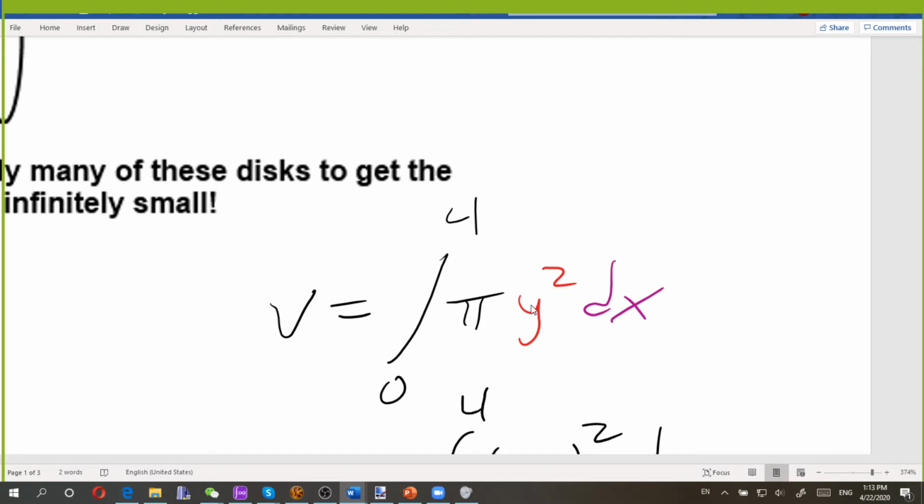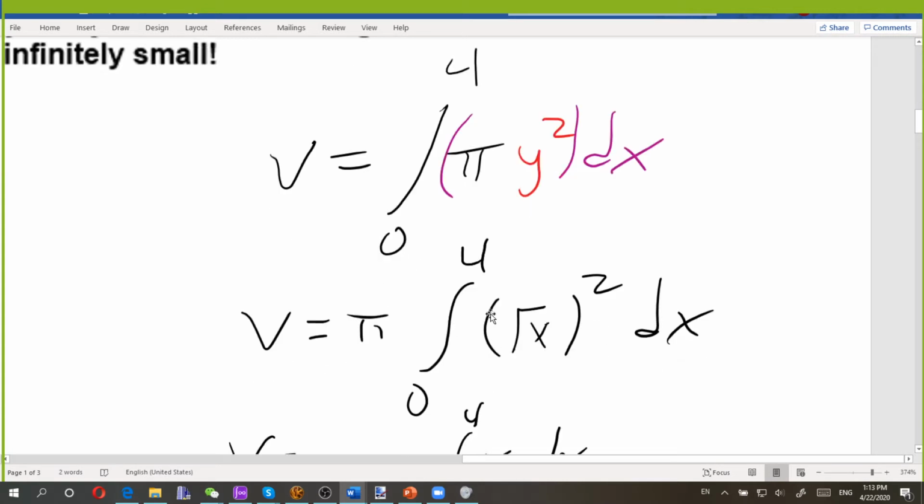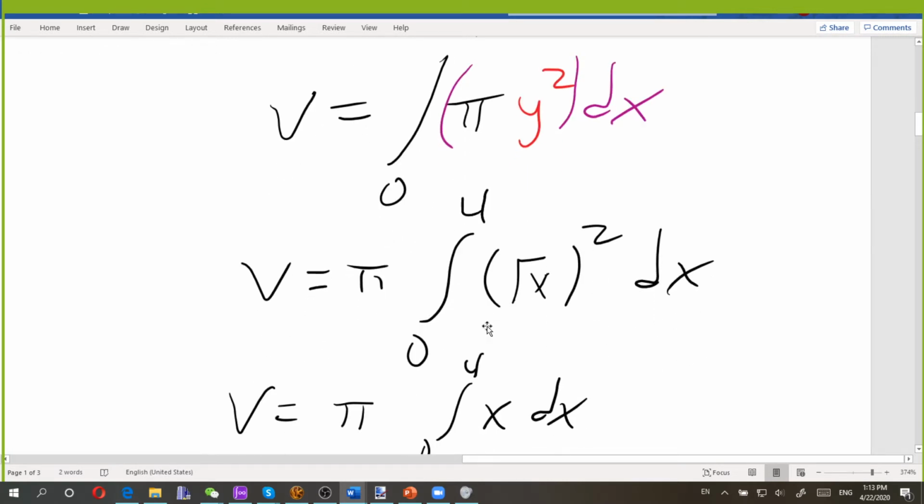If I take that area and I multiply by our change in x, then I'll end up with a three-dimensional shape instead of a two-dimensional shape, which is a volume. And I'm going to keep doing that, area times dx, for every possible x value that I could plug in from 0 to 4. So I'll end up with infinitely many of these small disks.